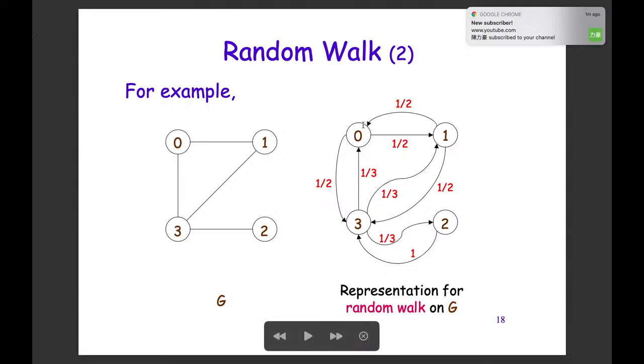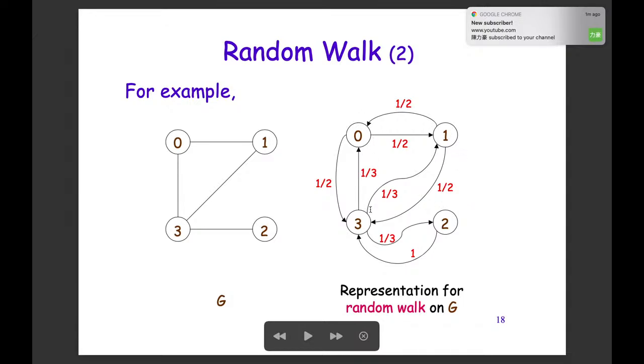So the probability here and the probability here will be the same because they both have degree 2. The probability here will be 1 portion, and the probability here will be 3 portion. In this particular example, the stationary distribution will be 1 over 8 here, 3 over 8 here, 2 over 8 here, and 2 over 8 here. So it is in proportion to the degree.